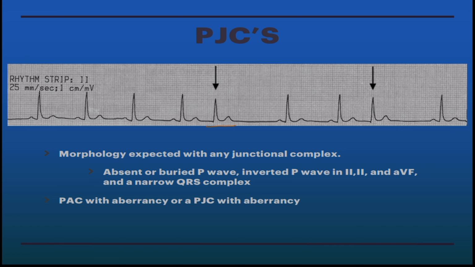With a PAC, the buried P wave before the QRS complex is likely in the T wave. So you're looking for the difference in morphology there to justify whether it is a PAC or a PJC. For a PJC, an inverted P wave in leads 2, 3, and aVF with a short PR interval would be highly suggestive of this junctional premature contraction.